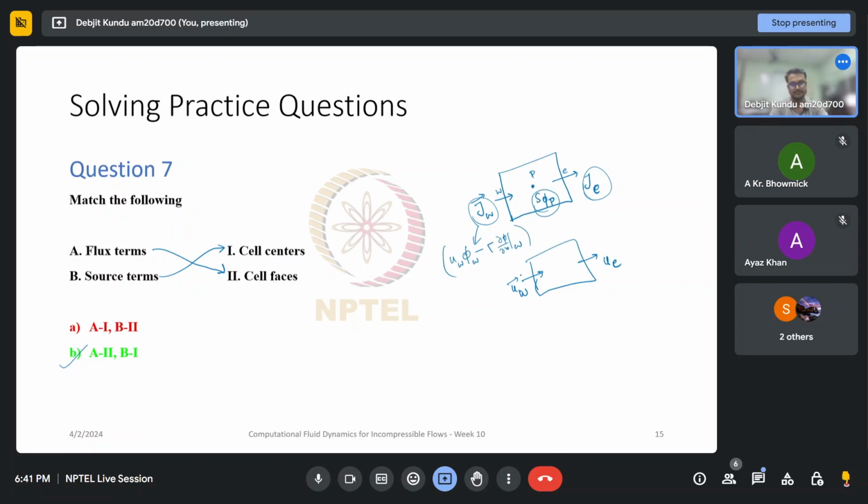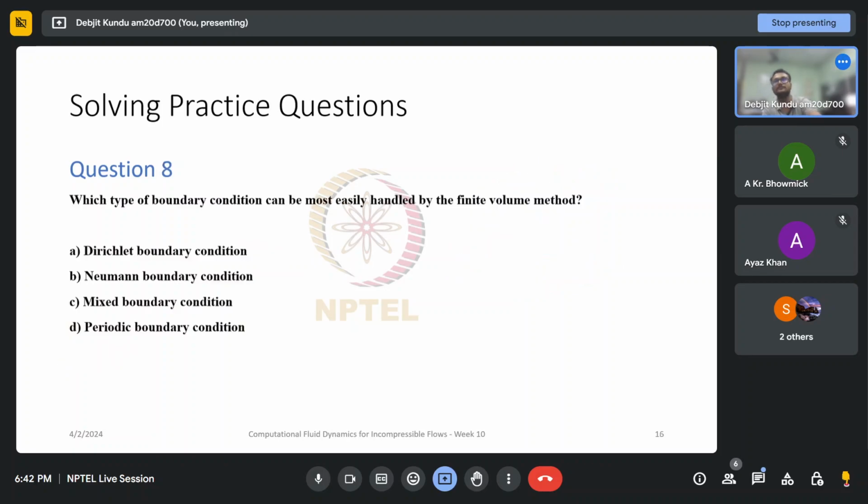Any questions on this? So in finite difference method, we stored pressure over here. Okay, so if there are no questions, we'll move along.